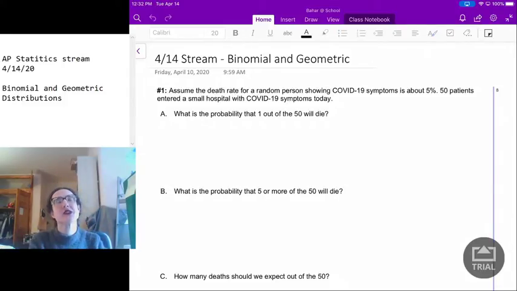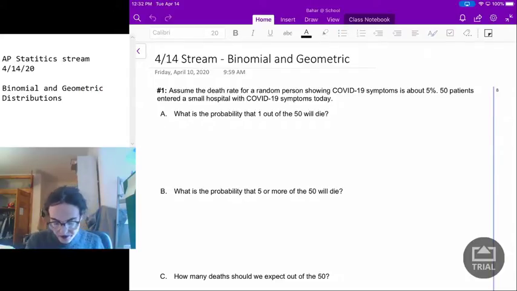So this is the number of different ways. We might have to ask ourselves, if we have 50 people, how many different combinations of 3 people could we have within that? And it's going to be a huge number. Then p, our chance of success, to the k power, times 1 minus p to the n minus k.